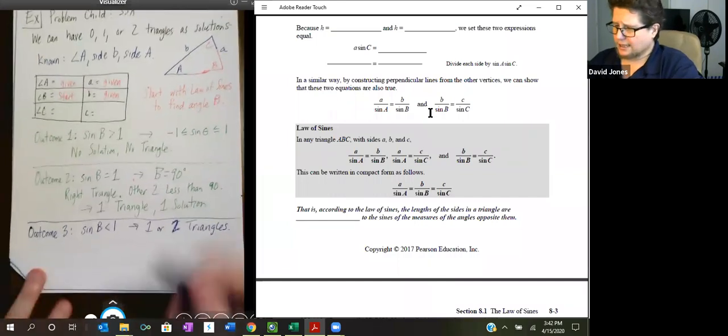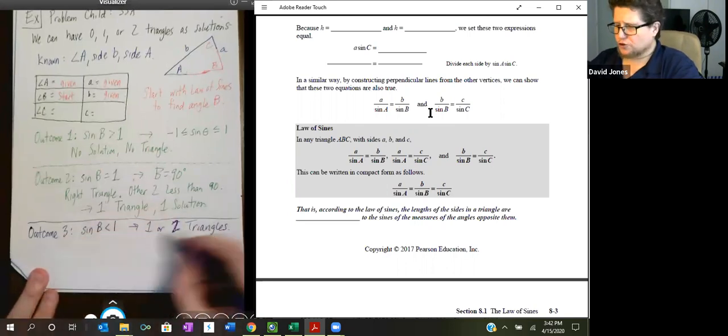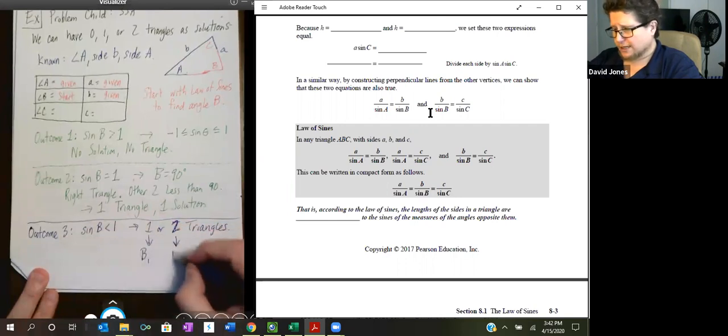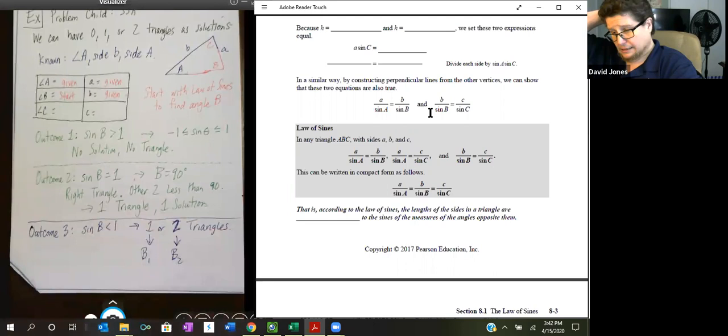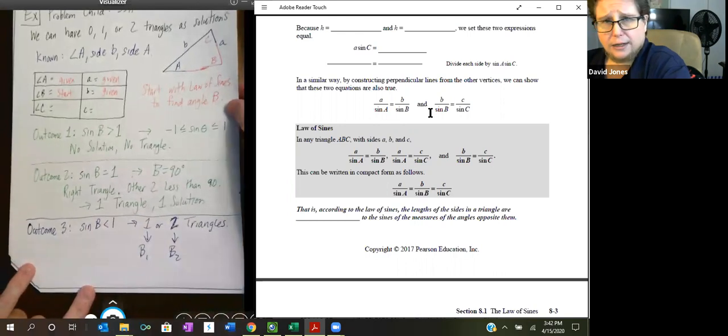So let's just say it equals K. Since there might be two triangles, let's label them B1 and B2 for the second triangle. If there's a second triangle, it'll have a different angle. I'll pause, let you finish writing that.